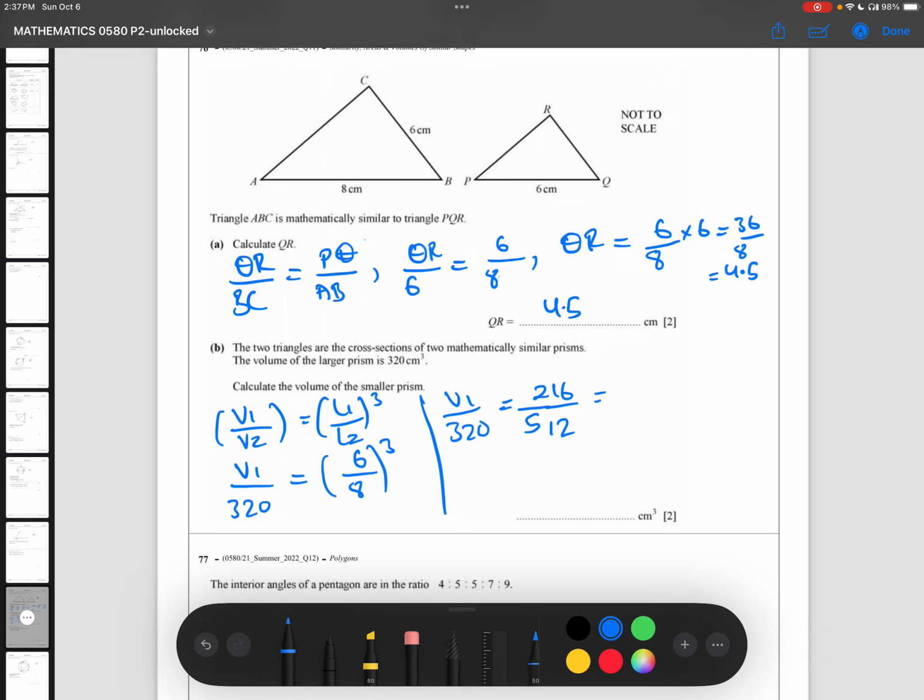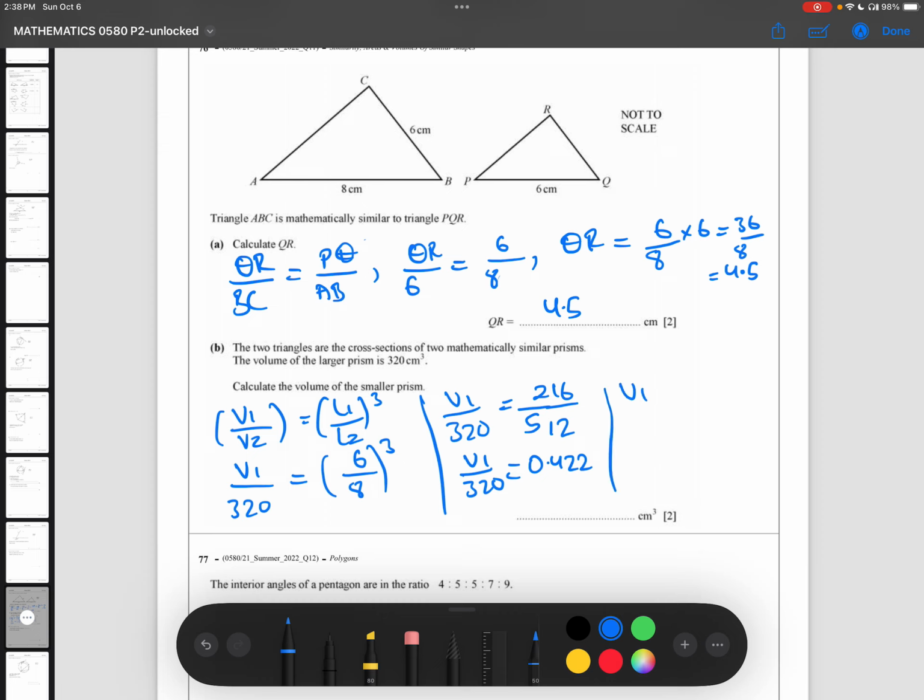I will divide 216 by 512, that's 0.422. So V1 upon 320 is equal to 0.422.